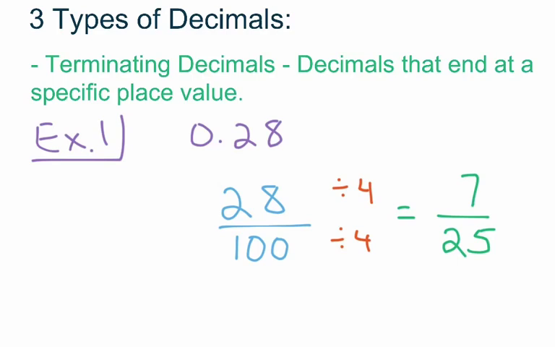Now, if there happened to be a whole number in front of the decimal, and you don't have to write this down, if it was 5.28, then our answer would be 5 and 7/25. So make sure that if there's a whole number in front of the decimal, we place that whole number in front of the fraction as well.